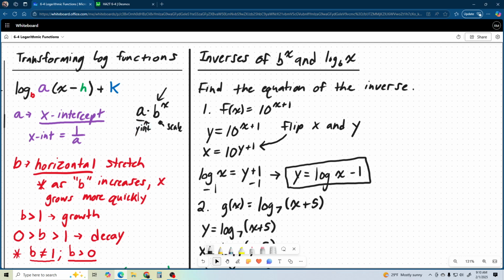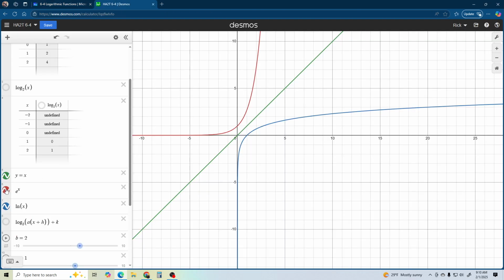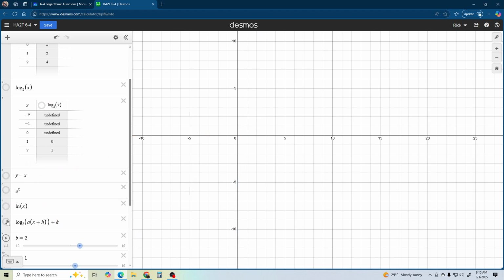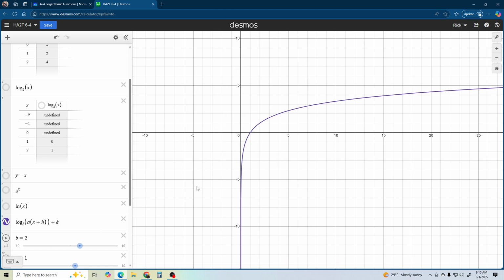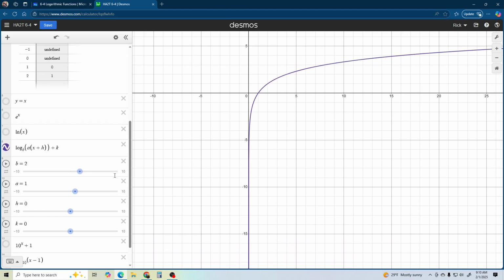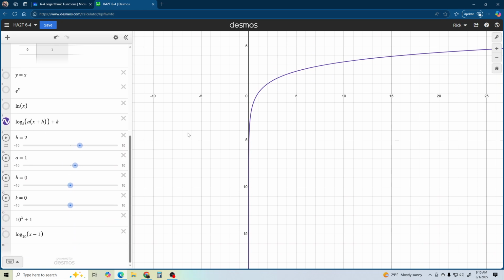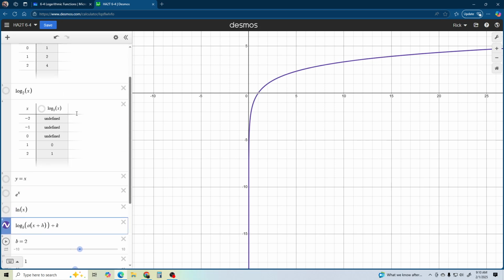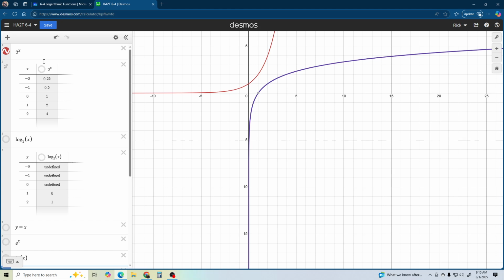Because before, a was our y-intercept. With this graph, it's not our y-intercept, it's actually our x-intercept. So if we look down here at what we're doing, we have a equals 1, and our x-intercept is 1, right? Now, what's interesting is if I pull this back up, you'll notice that in this case, we also have 1.